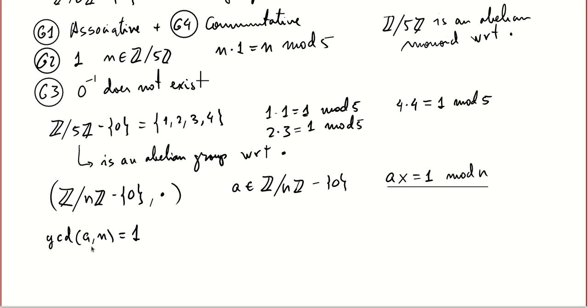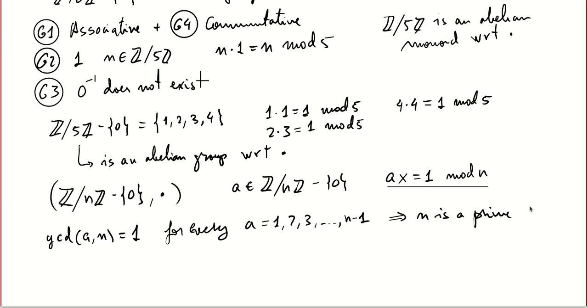And that must happen for every number a, 1, 2, 3, up to n minus 1. So that must be true for every one of these numbers here. And that is only possible if n is a prime number. So that's the condition for this to be a group.